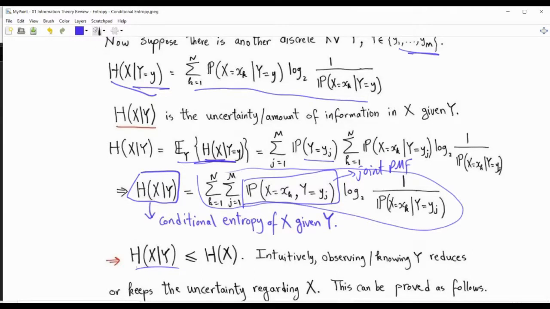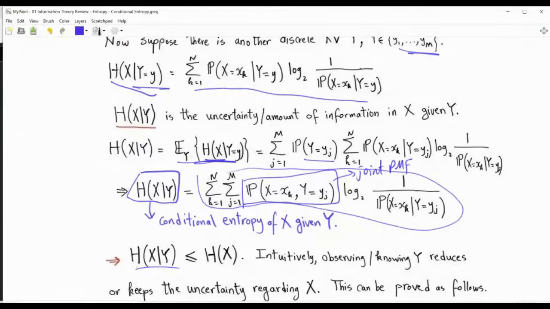What happens to your uncertainty about x? It will remain the same, or it will actually be reduced by observing y. So when I say the entropy of x given y is less than or equal to the entropy of x, I'm saying that you go and observe y.